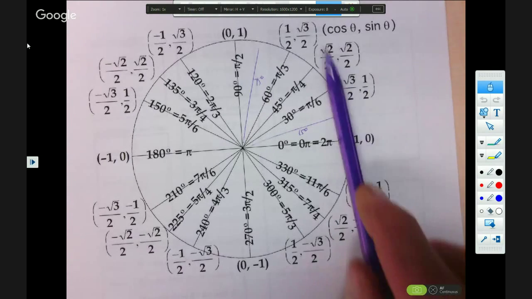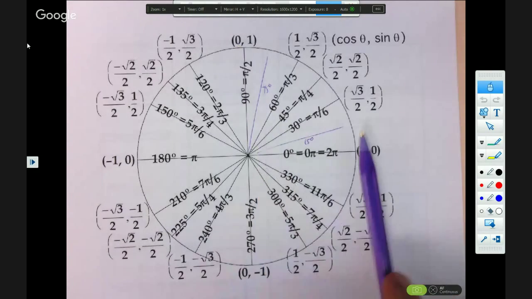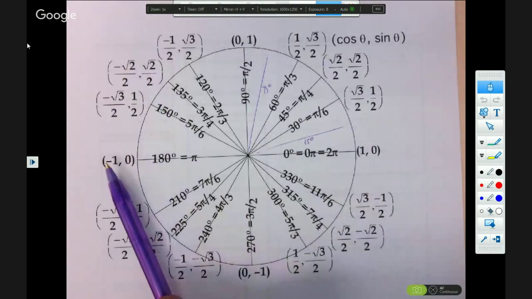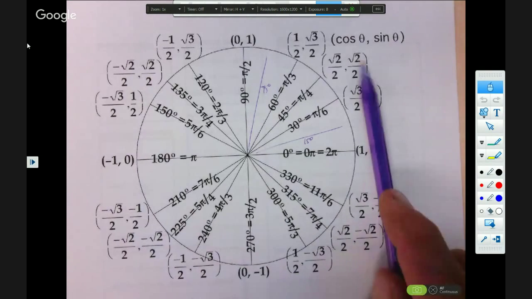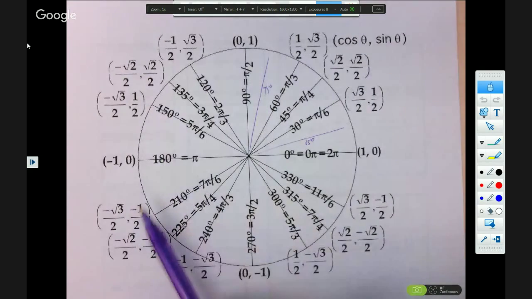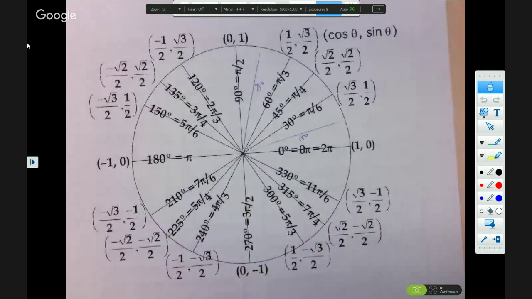So 3, 2, 1, and you can even hit 0 if you want. So 3, 2, 1, 0, negative 1, negative 2, negative 3, and so on. The sines: 1, 2, 3, 3, 2, 1, 0, 1, 2, 3, 3, 2, 1, 0. You have some patterns there to help you.